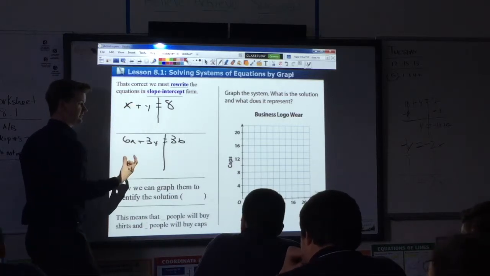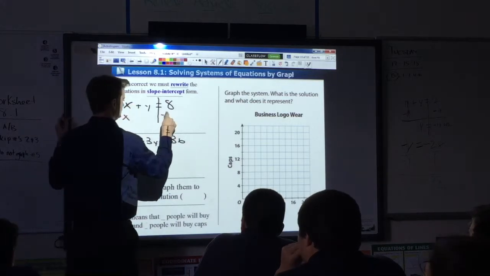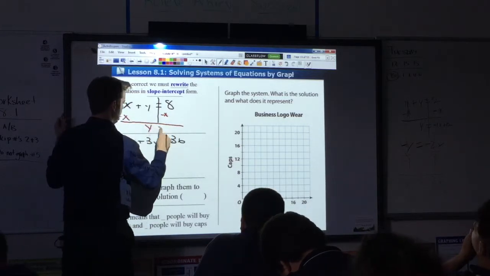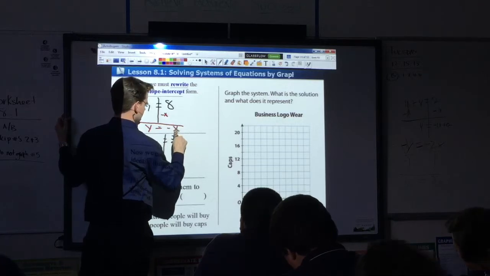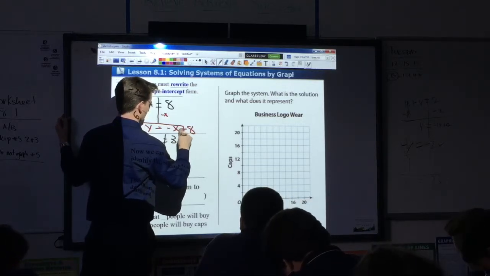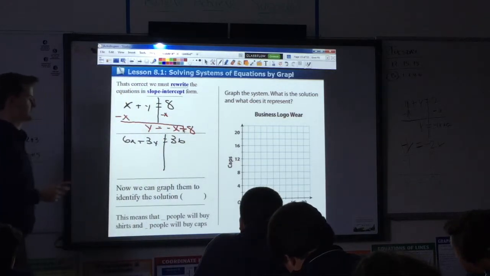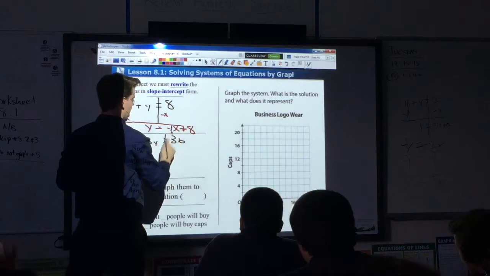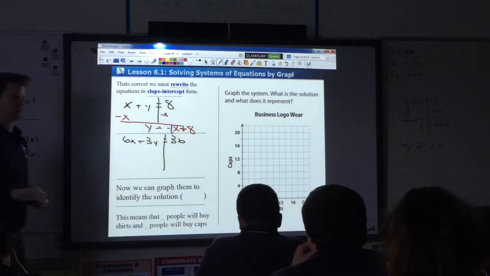The opposite of that is negative x. So I subtract x from both sides, and I'm going to end up with y equals negative x plus 8. We know that there's an invisible coefficient here, negative 1. First one is done.